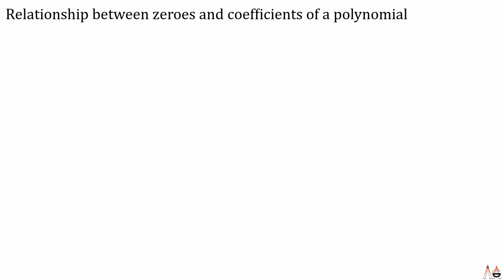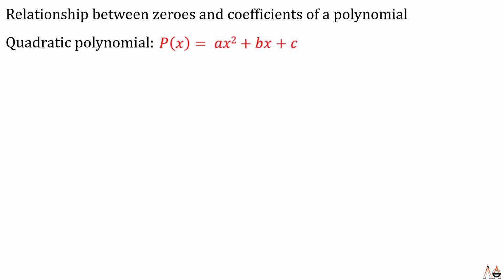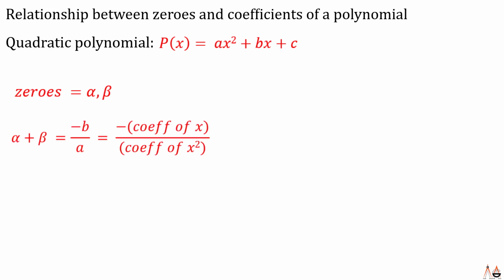We will first take the case of a quadratic polynomial, which is generally given by ax squared plus bx plus c. In this case, let's say the zeros of that polynomial are alpha and beta. Therefore, alpha plus beta is given by minus b by a, and that equals the negative of the coefficient of x in the equation ax squared plus bx plus c divided by the coefficient of x squared.